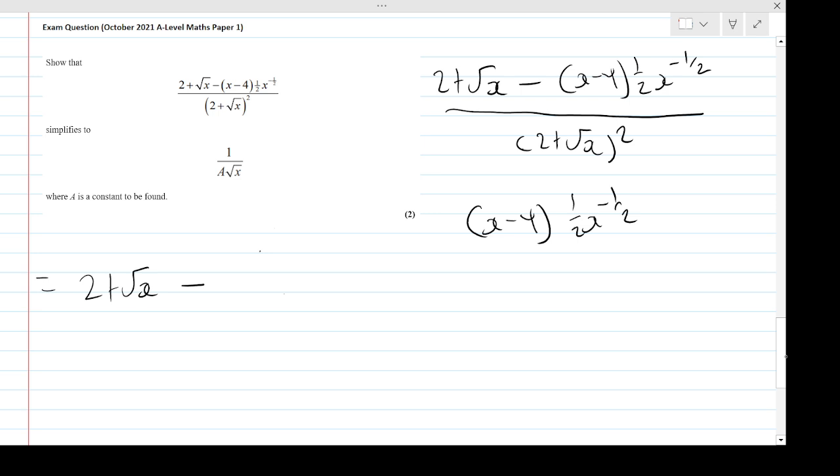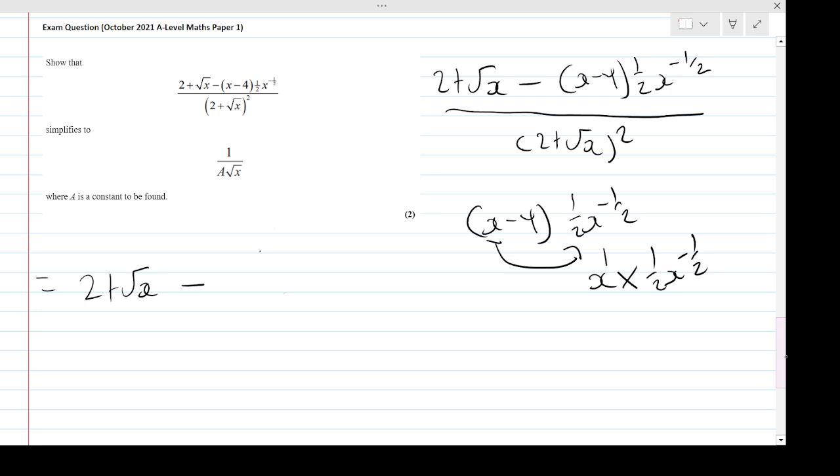Okay, so essentially, expand the bracket. I can firstly do the first term, right? The x. So x times by the outside, a half x to the minus a half. That's going to need your indices skills. Remember, if we times numbers with different powers, we add the powers. Well, you might think, what's the power of the x? Well, it's just 1, because it's on its own, remember that.